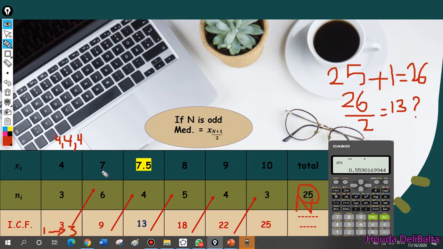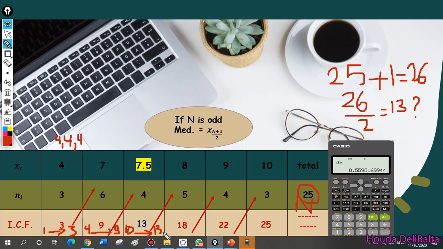Now, in this region here, we are moving from 4 till 9. So I mean that x4, x5, x6, x7, x8, and x9 are equal to 7. Now here, we start with x10, so as if we are moving from 10 to 13. These arrows are going to help us. I stopped here at 13 because I need the value.